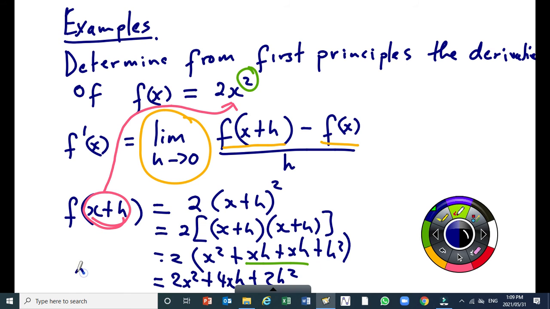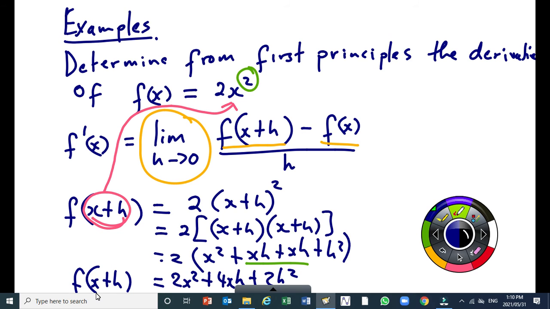So the expression for f of x plus h will become 2x squared plus 4xh plus 2h squared. Do you want to simplify further? No. We are only finding the expression for f of x plus h, not division here.